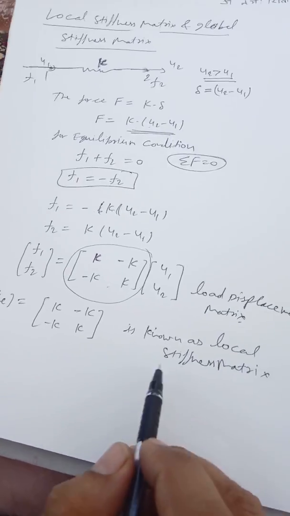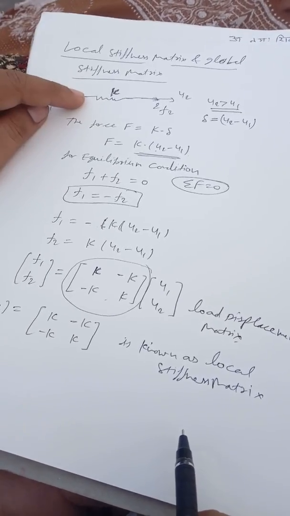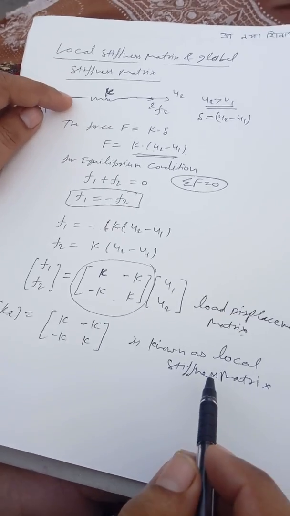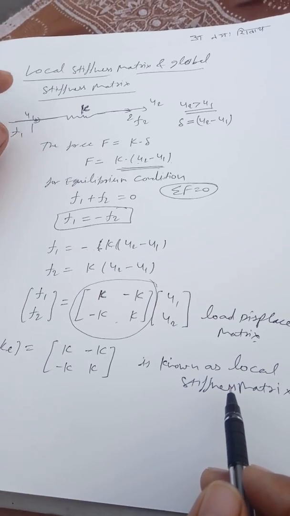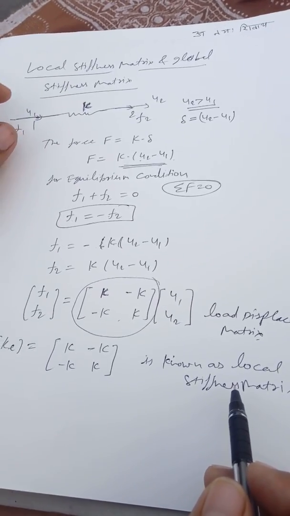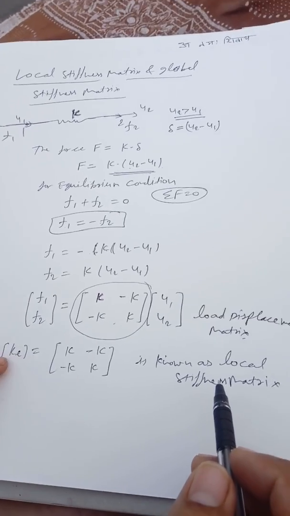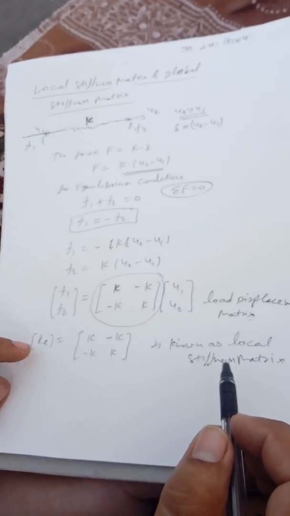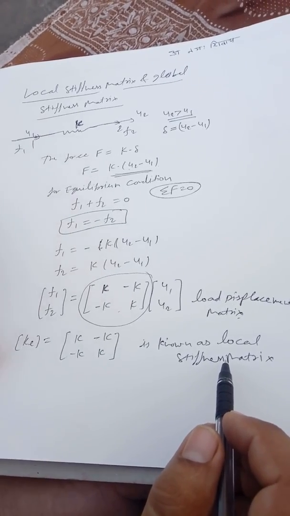Why are we using a local stiffness matrix? Because we are using a single element. If we have two elements, three elements, then we calculate the equivalent stiffness, and we call it a global stiffness matrix. So here we are using a local stiffness matrix for the single element.